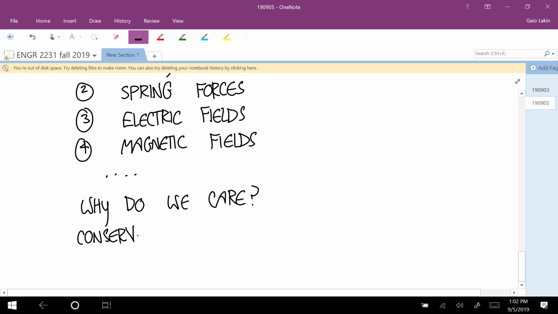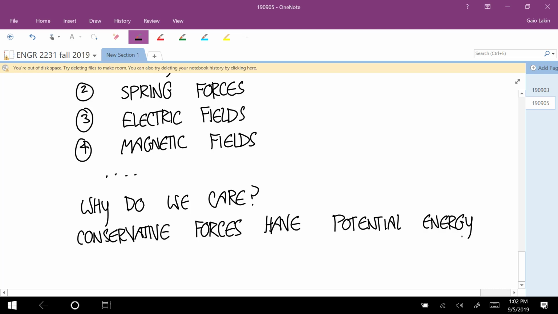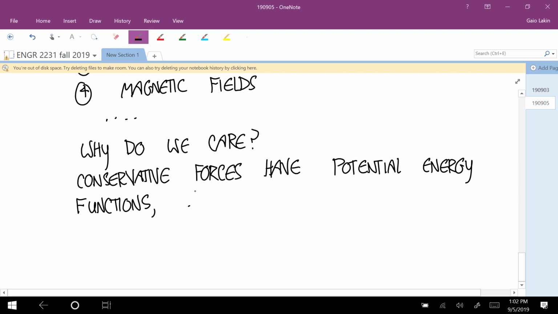Conservative forces have potential energy functions, and the work done by a conservative force is just equal to the negative change in the potential energy.